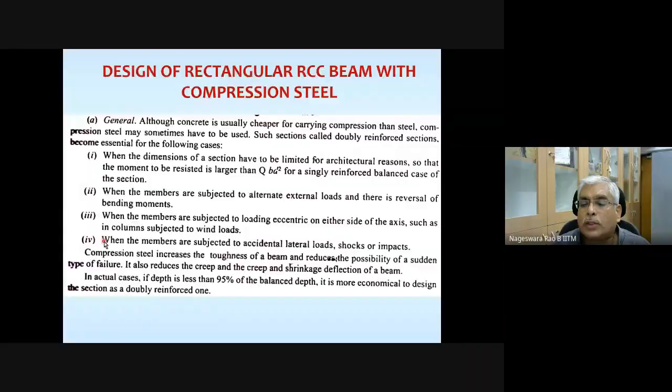And when members are subjected to accidental lateral loads, shocks, or impacts.